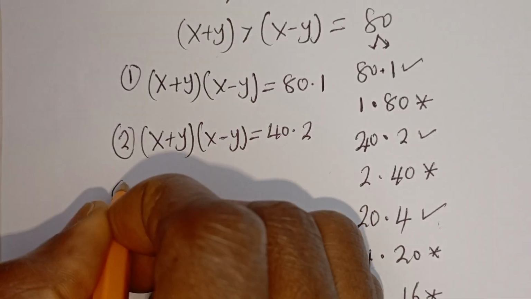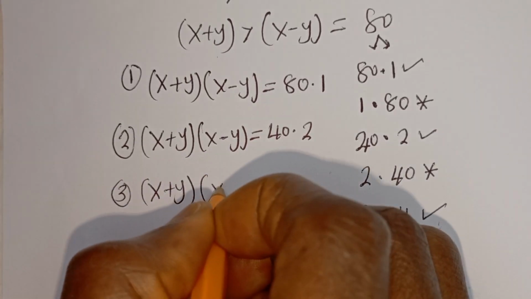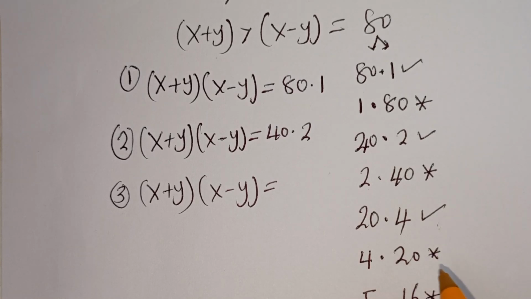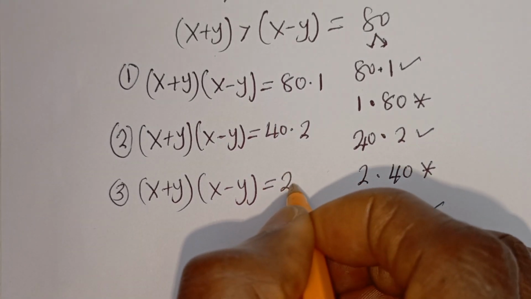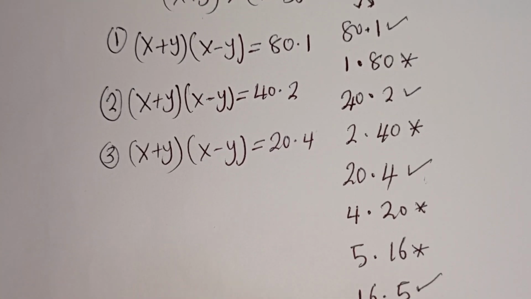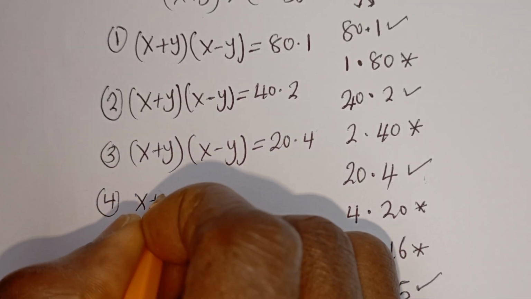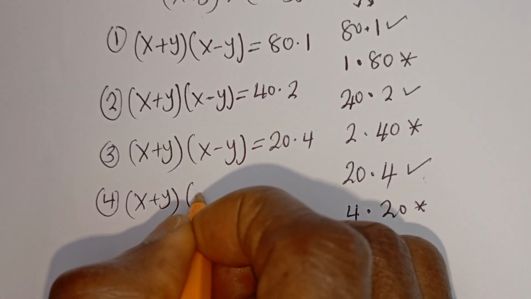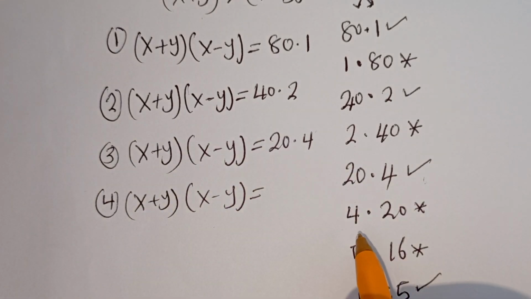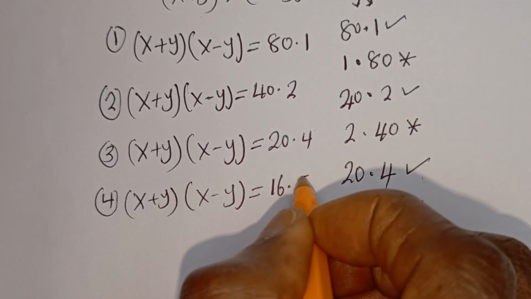The third one, 20 multiplied by 4. Then the fourth one, 16 multiplied by 5.